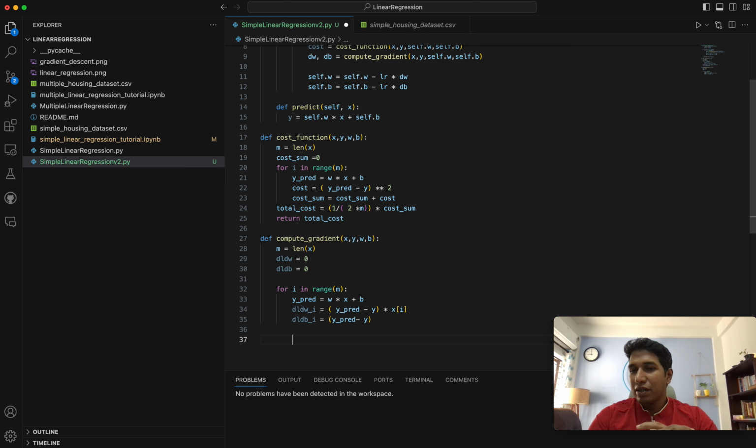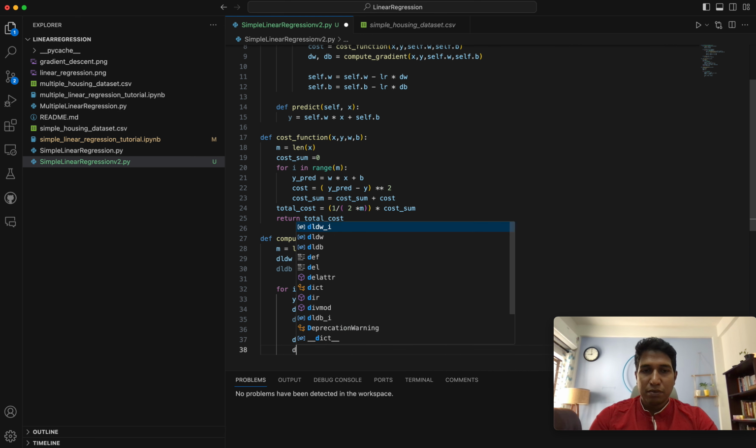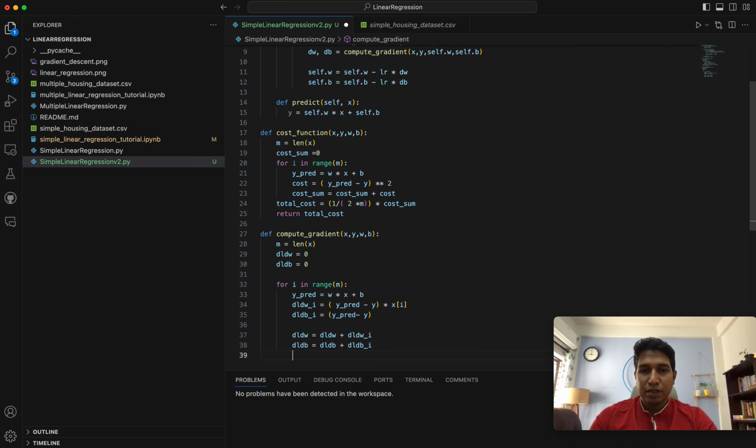The derivative part, how it is computed, maybe you can learn more, but to understand how this works, we are not going into the details of that. So dL_dw is equal to dL_dw plus dL_dw of i. Similarly, dL_db equals dL_db plus dL_db of i.